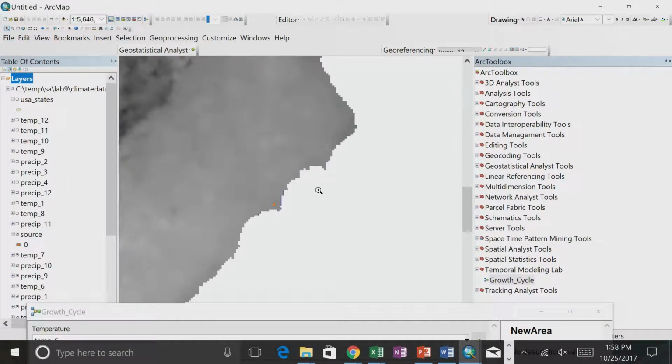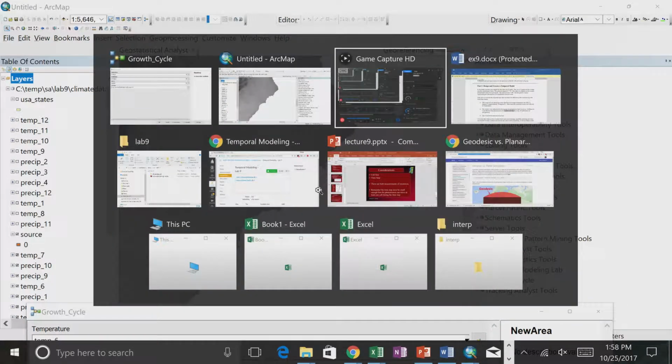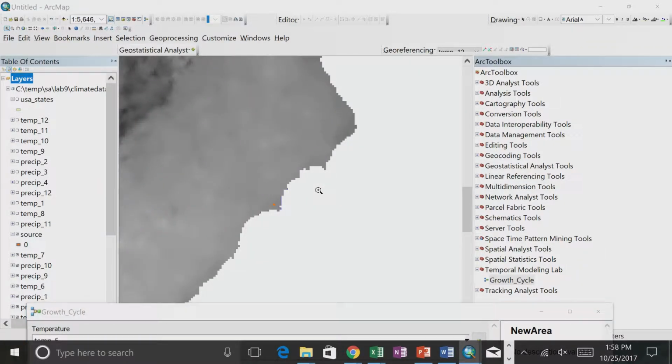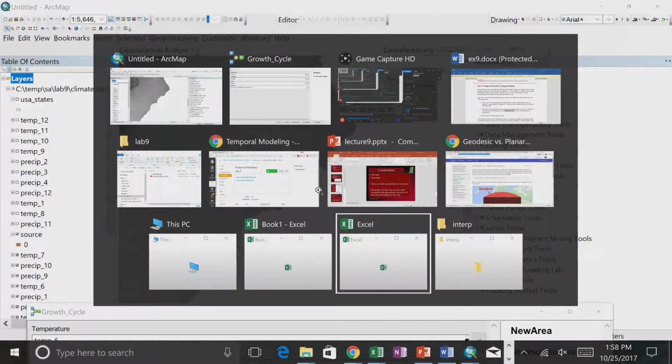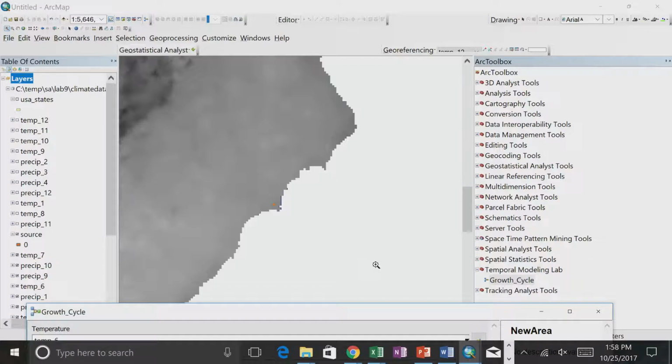Okay, that's the extent of the source. You see that little orange dot right there at Cape Fear? That is the source. I don't know why I chose to send it into Cape Fear, but that's where it is, okay?